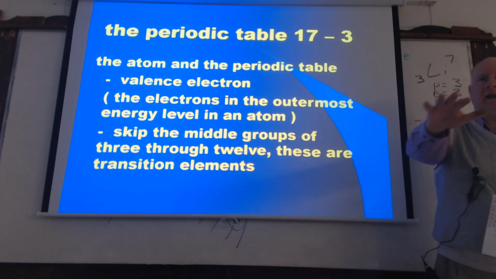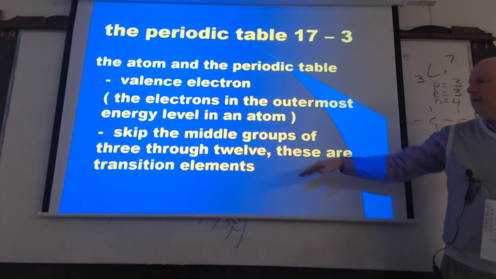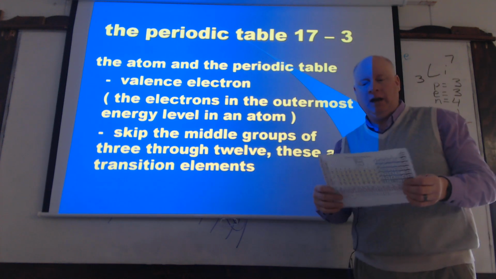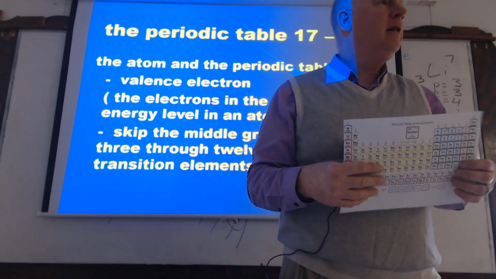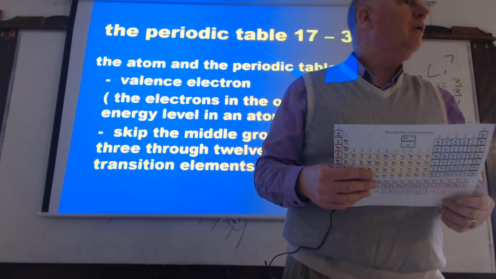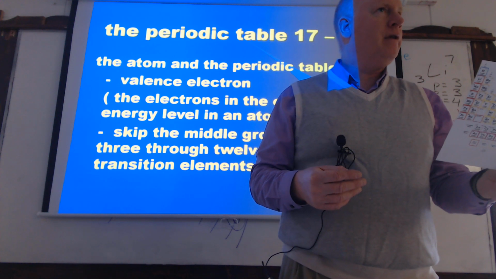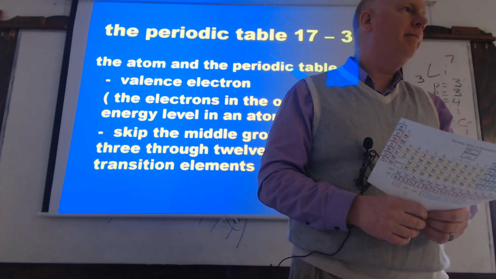Skip. So that's that letter B that you were referring to. You skip those because those are transition elements. And one of the things you could do to answer that question, for instance, when you look at element 24. What is 24?